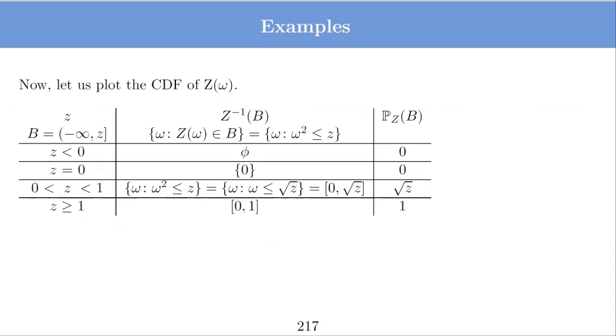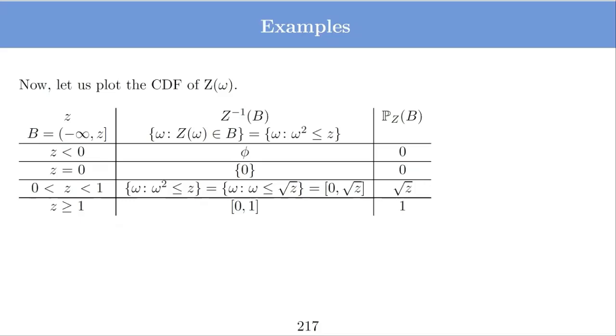Now if I take z between 0 to 1, then this will be omega such that omega square is less than or equal to z. So this is equal to omega less than or equal to root z. Now what are the omegas such that omega is less than or equal to root z? Omega can be only between 0 to 1, and root z is of course less than 1.